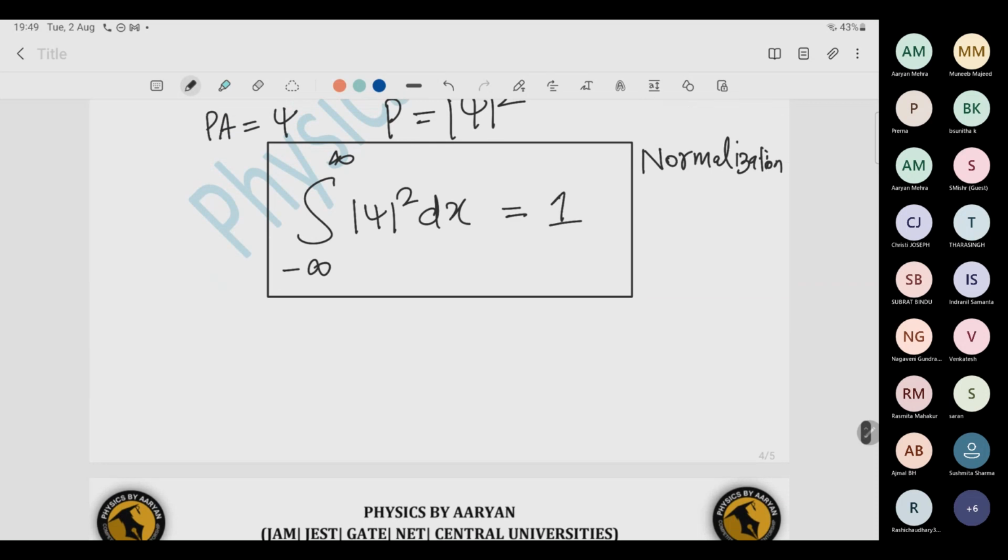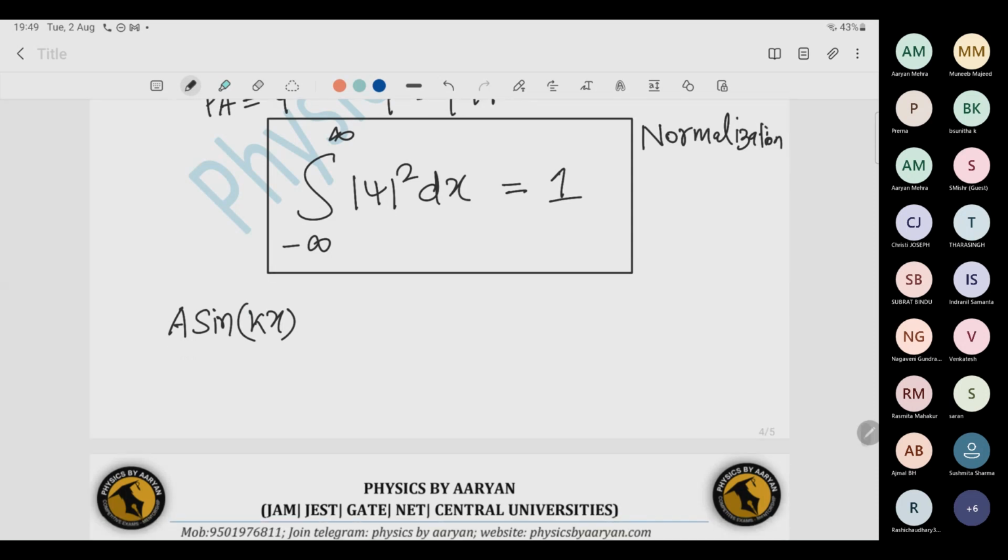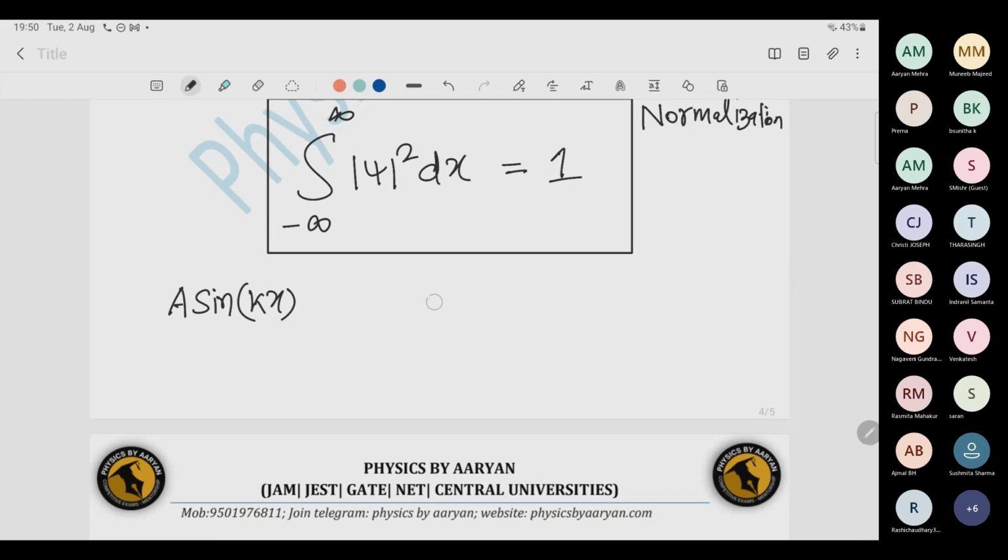So let's say you have some function, let's say A sin kx, and you take this integral over the entire range, and you are not getting a value which is 1, you are getting the value 4.